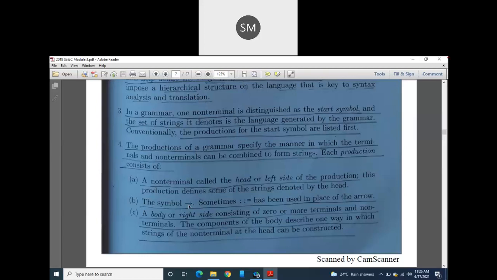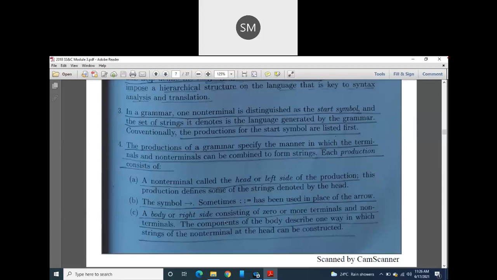If you want to print an arrow, you can use a hyphen and greater than symbol, but it will not display as a proper right arrow. So instead we use an alternative symbol, the double colon equal mark, which is nothing but this arrow mark. In your question paper or any textbook, if you see this double colon equal symbol, don't get confused. It is only an arrow mark.